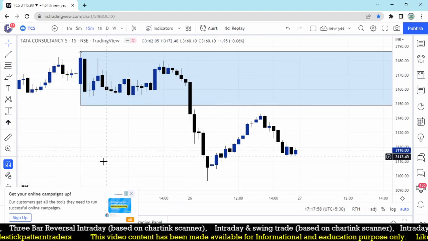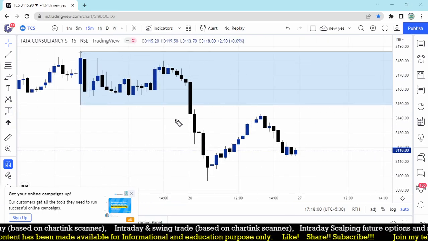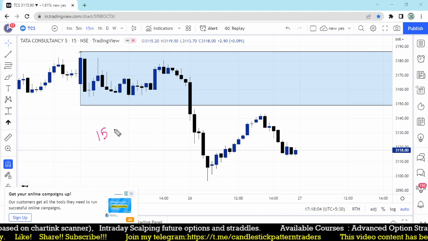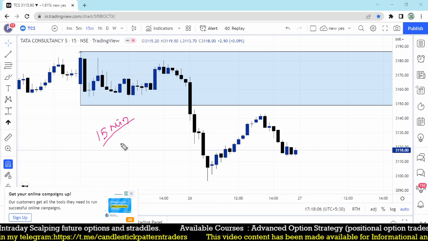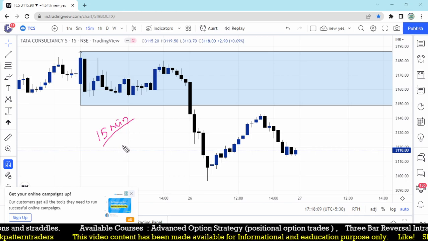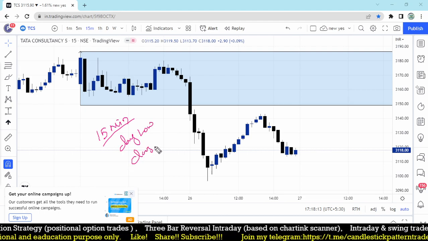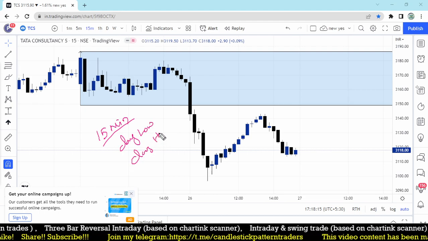It's a simple logic where we use the first 15 minutes of the day. The low and high of the first 15 minutes of the last session, that was Friday the 25th, were not broken till the end of the day.